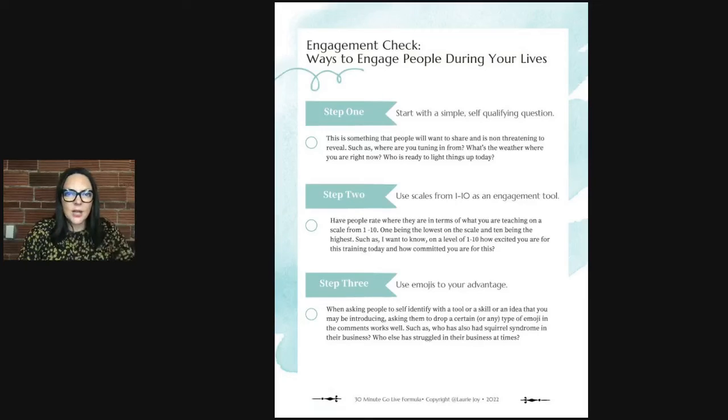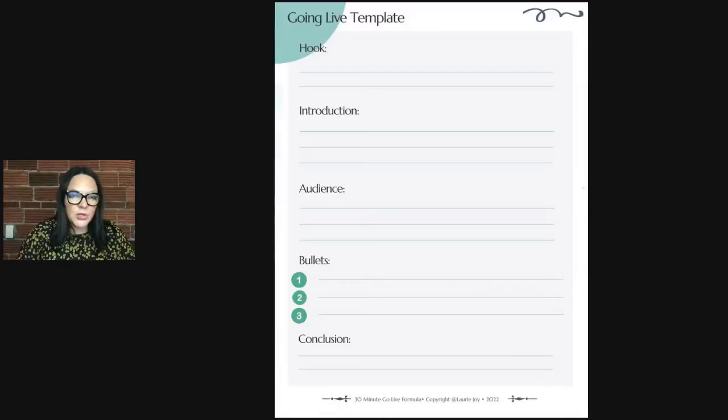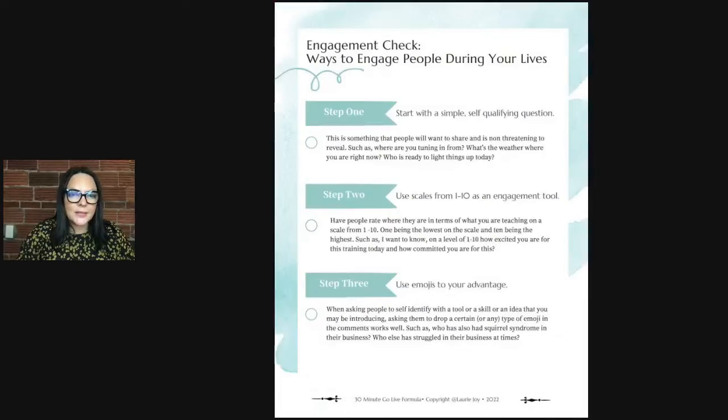And again, I talk about with step 1, you can start with a qualifying question for people after you've done your introduction. You can use scales, you can use emojis to your advantage. And what I ask my ladies to do, once they have their content plan, is to go in and purposely put several times throughout their live where they ask for that engagement, where they're asking a question.